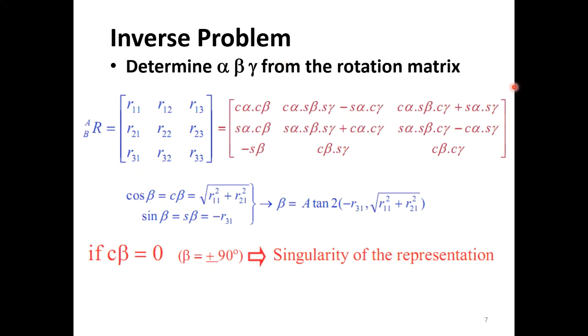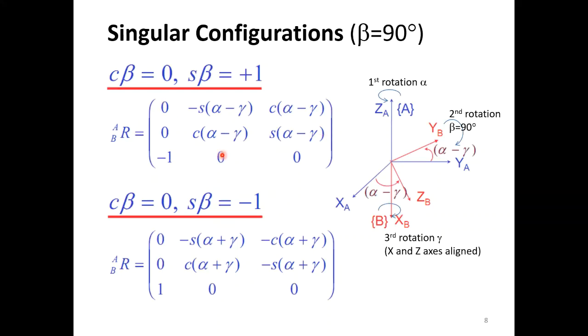Likewise, you can replace all the betas here and you get this matrix. So the rotation matrix when beta is 90 degrees is like this.